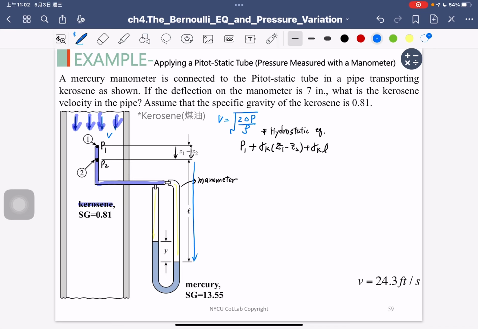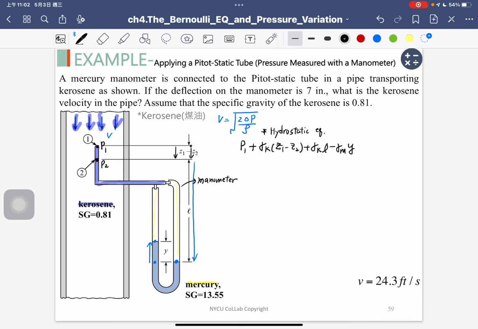And then right now I'm located at this point, and I wonder to go back to the point here. So I need to go up, right? But when I go up, the material changes to mercury. So I need to minus, and gamma M is our mercury specific weight, and we have a deflection Y, okay?